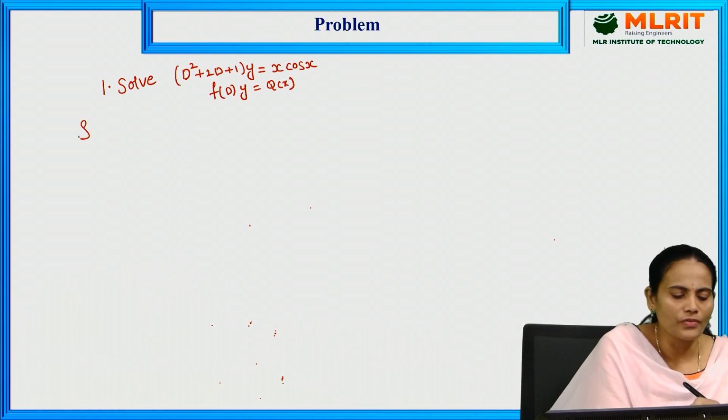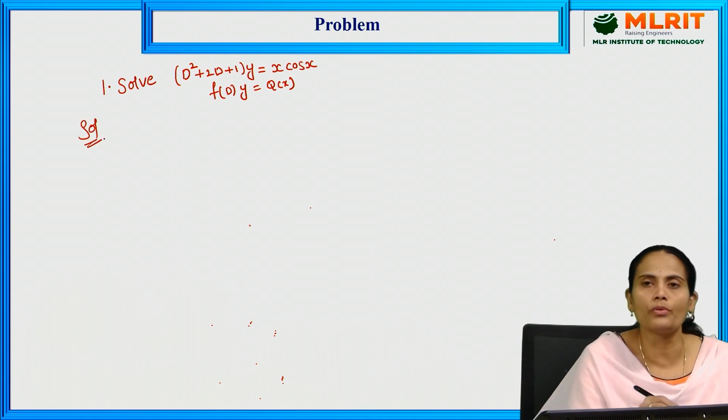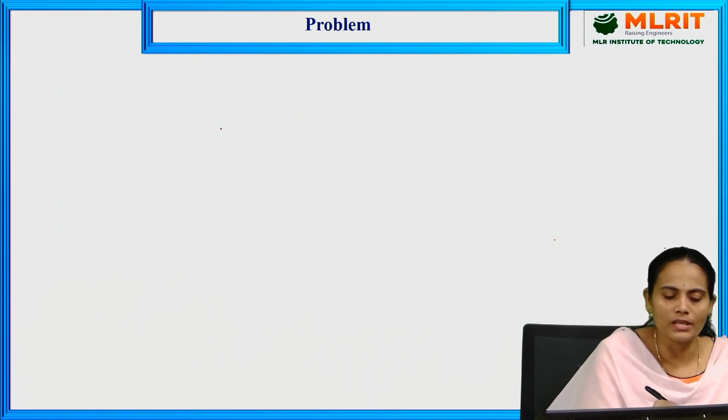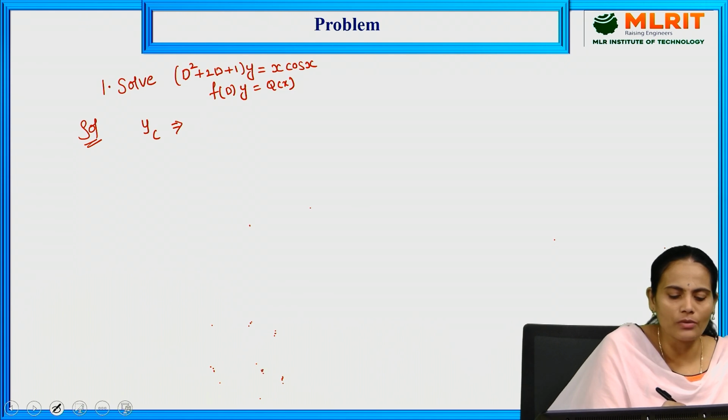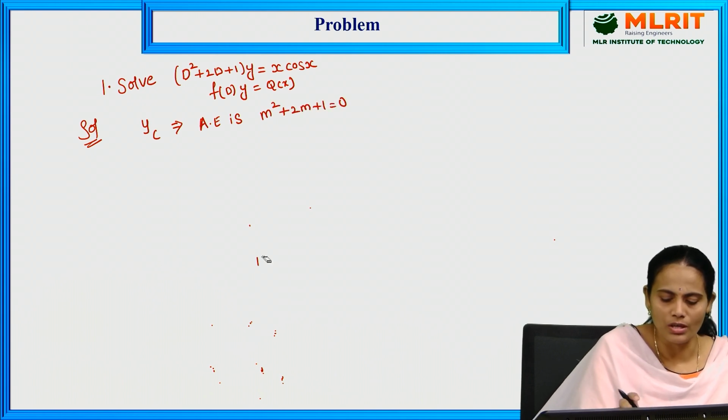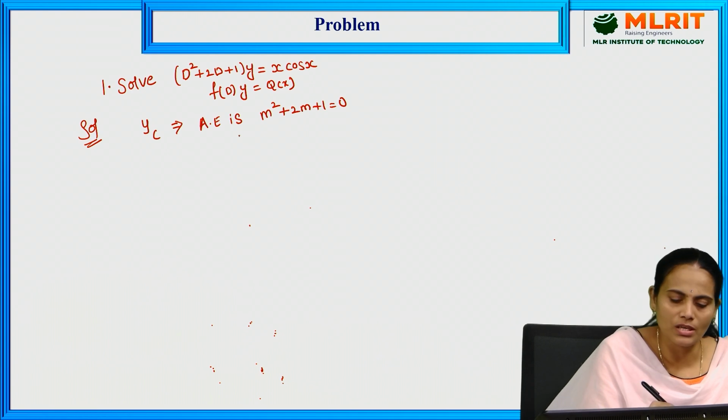To find the general solution, first we require the complementary function yc. First take the auxiliary equation, m square plus 2m plus 1 is equal to 0.